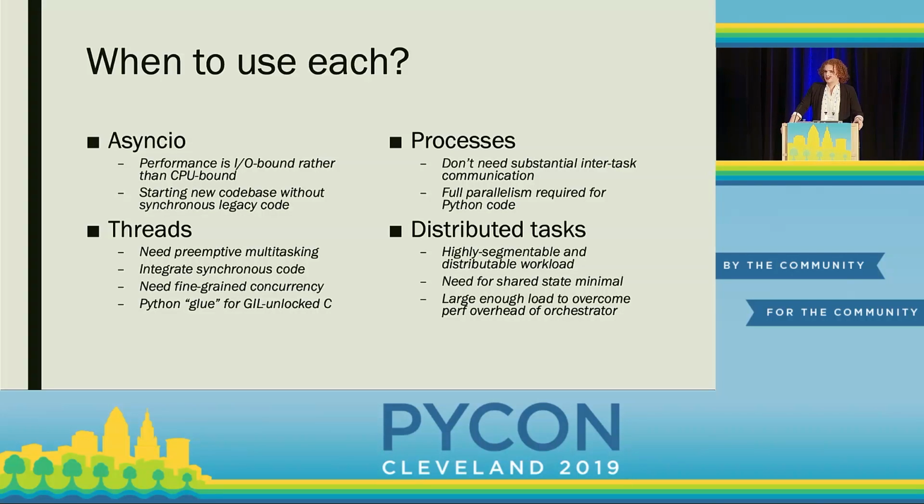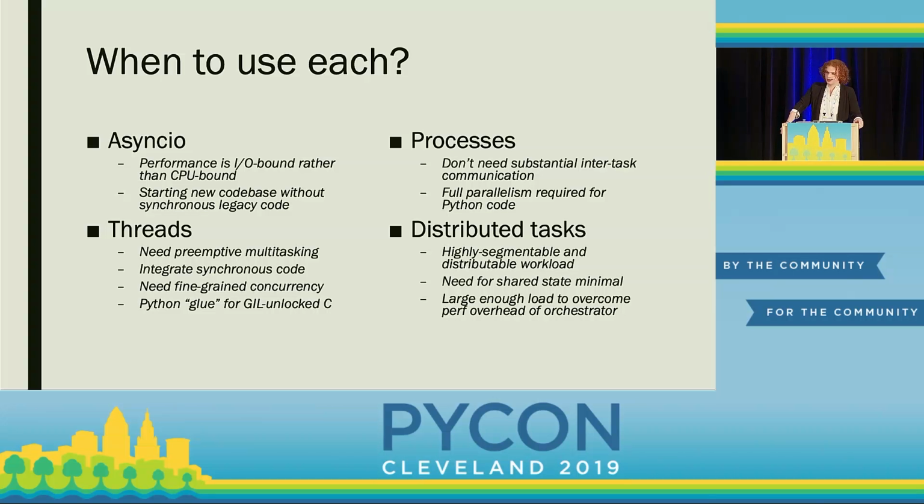So when do we want to use each of these models? Async I/O is fantastic when our performance is bound by us doing I/O operations like network requests or reading or writing files, rather than CPU or compute bound, like doing lots of complicated math. Because async I/O isn't a parallel concurrency model, it doesn't allow us to gain CPU performance specifically from implementing it.